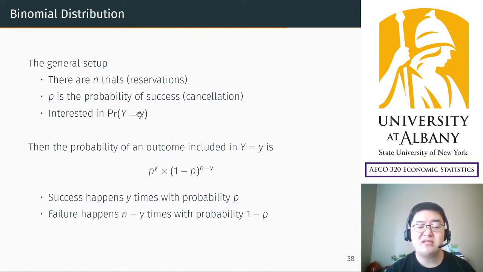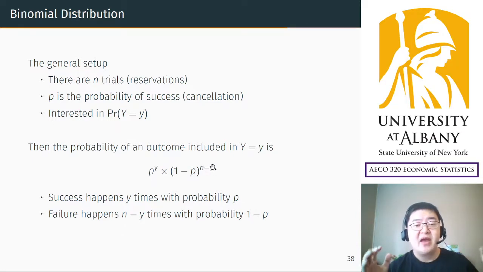Then what you can see from the pattern we observed in the previous examples is this. P is the probability of cancellation, and 1 minus p is the probability of non-cancellation. And we are interested in the case where y cancellations happen. So cancellation happens y times, then automatically n minus y reservations are not cancelled.